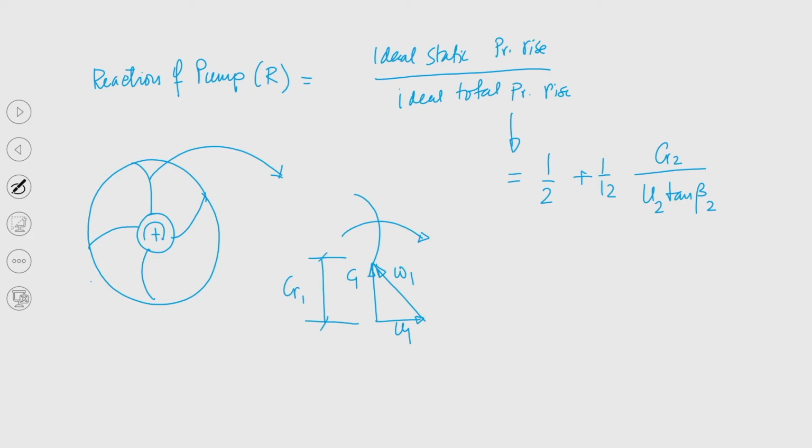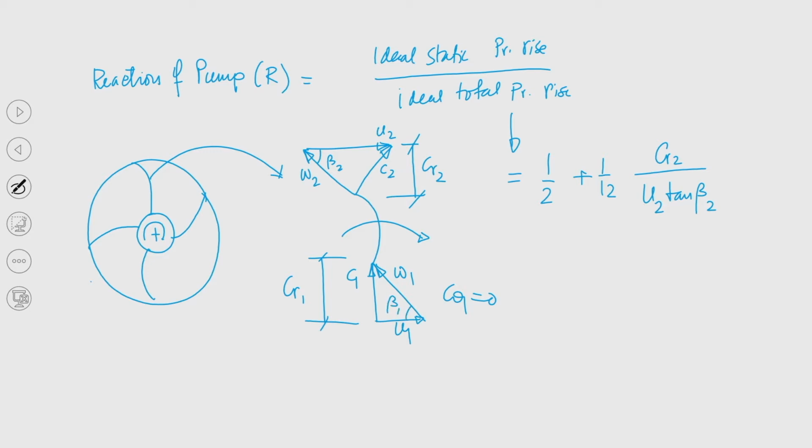Swirl free flow means c theta 1 equals 0. At the outlet, this is c2, this is u2, this is Cr2, and this angle is beta 2.